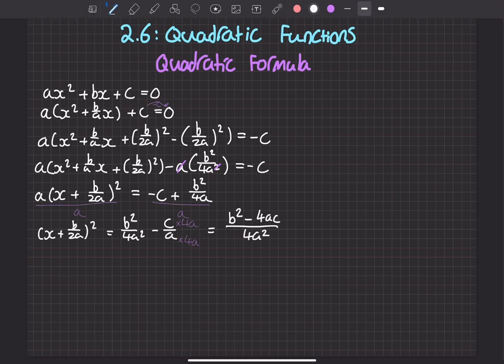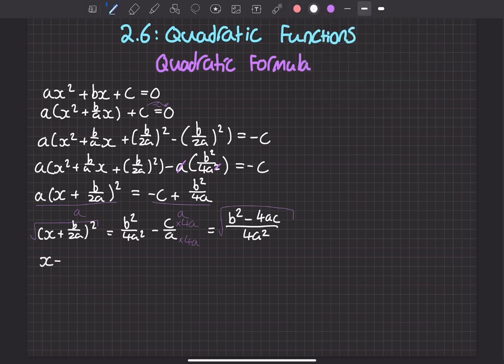And if you know the quadratic formula, you already see this is starting to get kind of familiar, right? And what we want to do next is square root both sides, to get rid of the squared on that side.